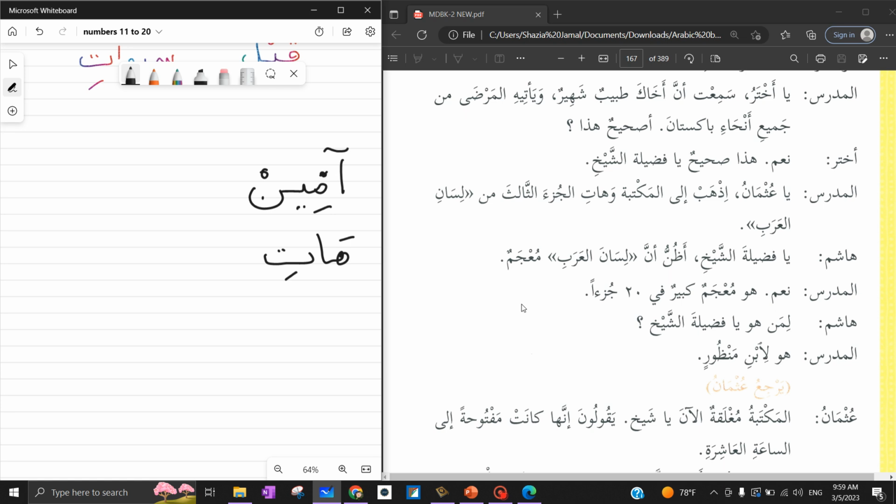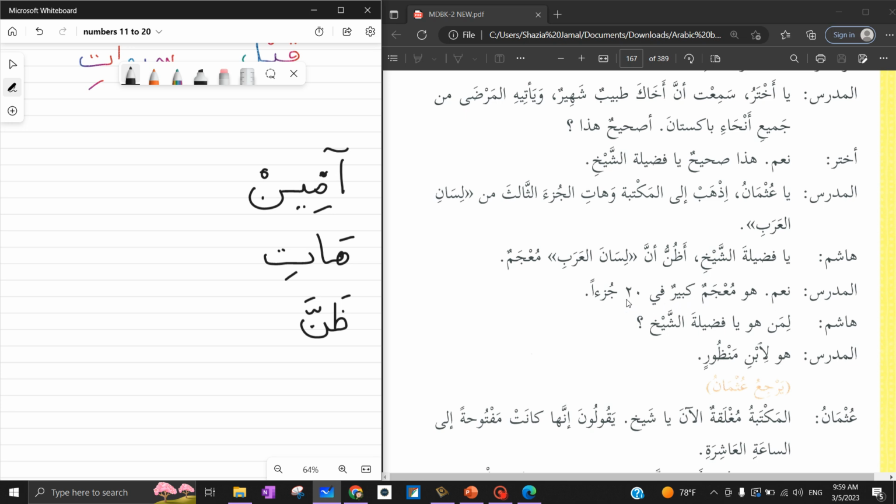Azunnu comes from zanna. The verb zanna means to think. Azunnu is present tense with the harf hamza. Anna, that. Lisan al-Arab, mu'jamun. Mu'jam is dictionary. So the teacher says, Na'am, huwa mu'jamun kabirun. It is a big dictionary.